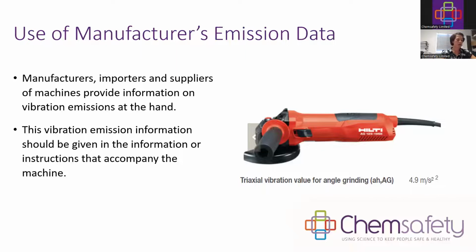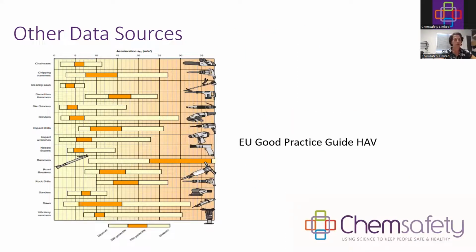And then there are other sources as well, such as this one from the EU Good Practice Guide on Hand-Arm Vibration, where they've done heaps of studies on different hand tools or power tools, and they've even calculated the average acceleration when the tools are well maintained. So that's the 25th percentile, the average of any tool is the 75th percentile, and then the maximum is when the tool needs some maintenance or is being used incorrectly, or whatever the case may be.